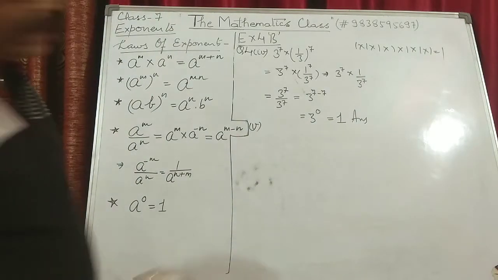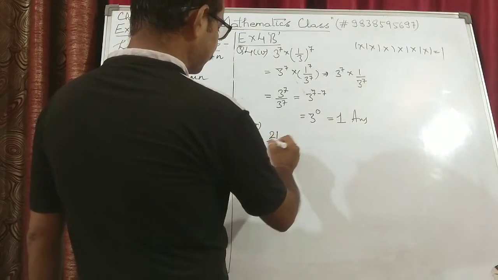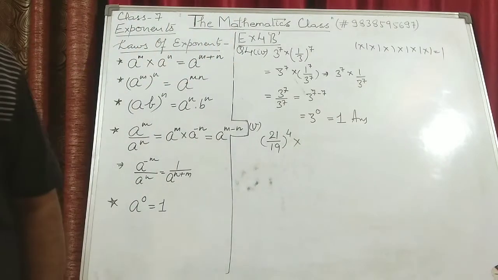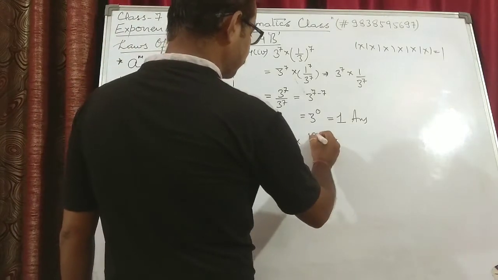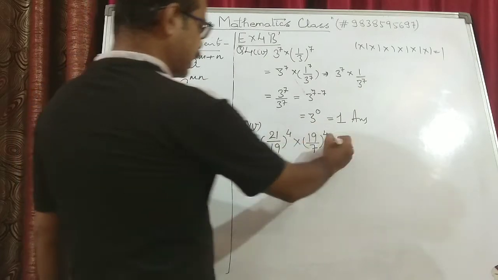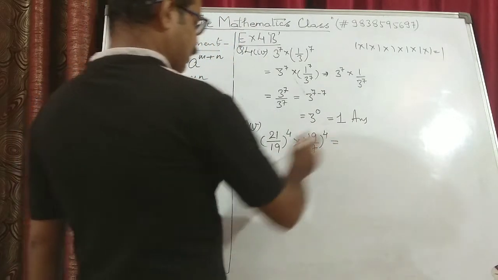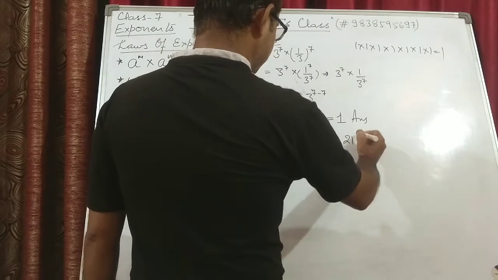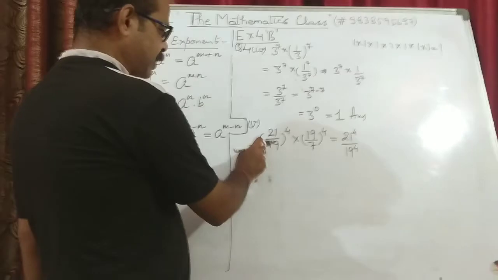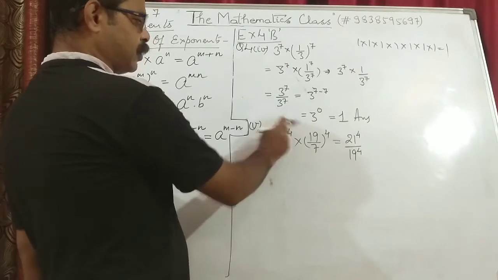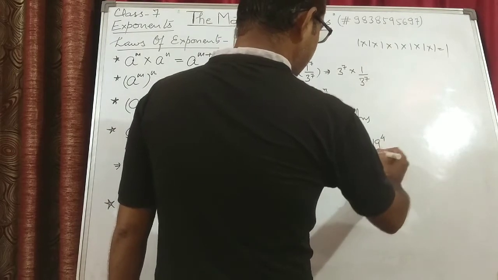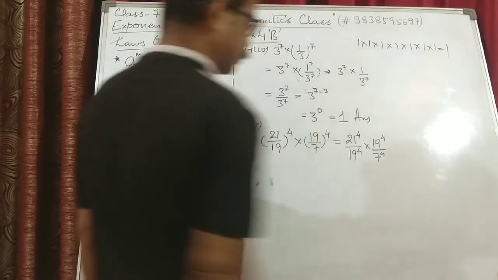It is 21 upon 19 to the power 4 into 19 upon 7 to the power 4. Now this can be written as 21 to the power 4 upon 19 to the power 4 into 19 to the power 4 upon 7 to the power 4.